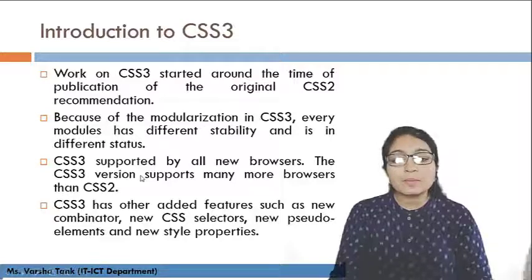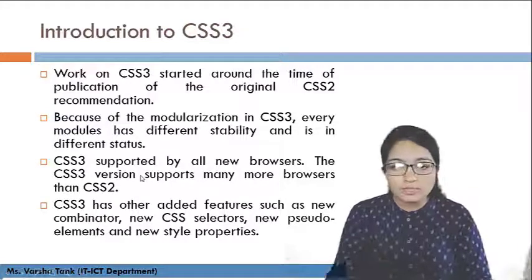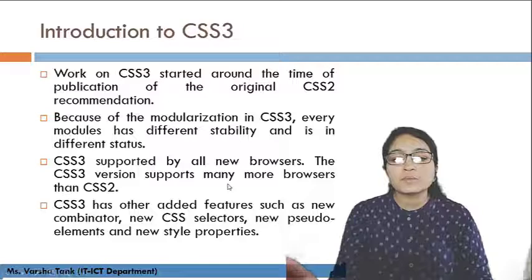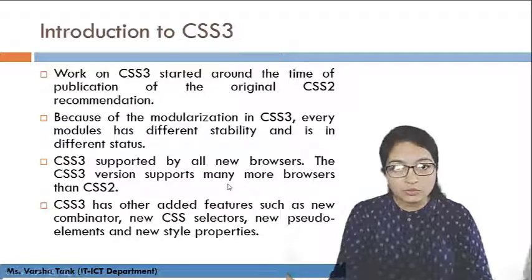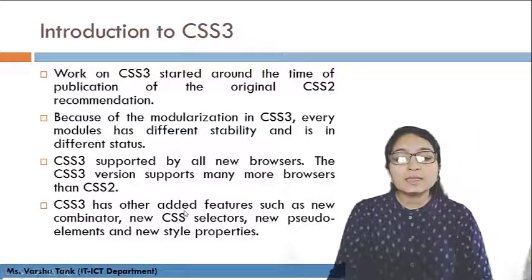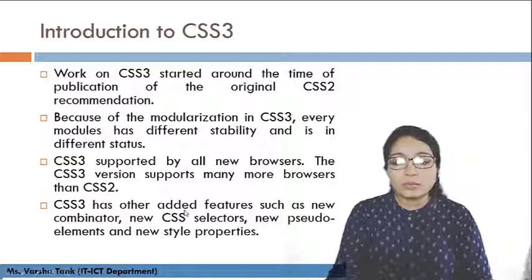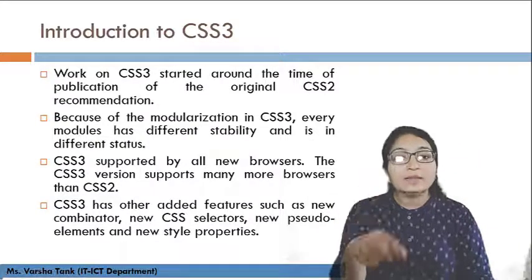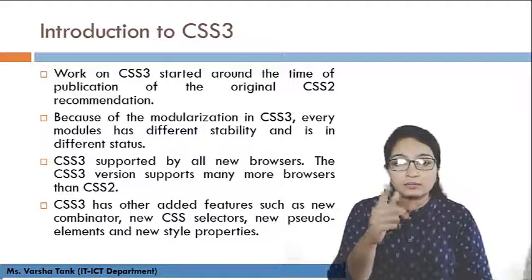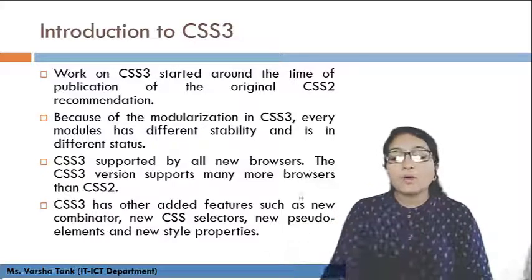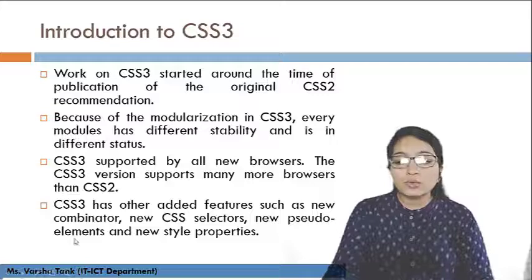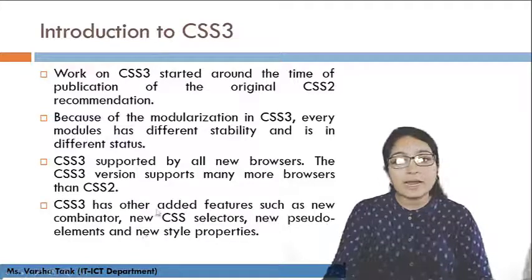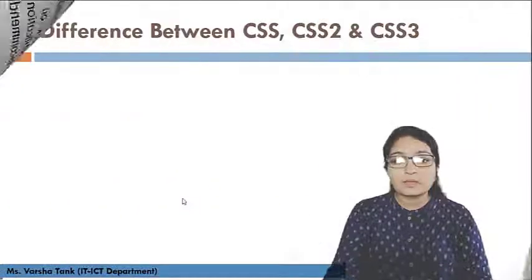CSS3 is supported by all the new browsers, and it supports many more browsers than CSS2. CSS3 has other added features such as new combinators, new CSS selectors as we have seen, like nth-child, caret, star, dollar sign, etc., plus new pseudo elements and new style properties.